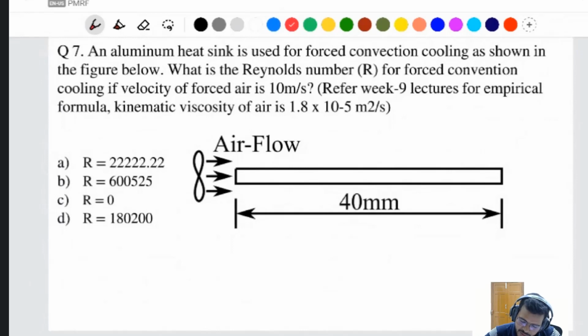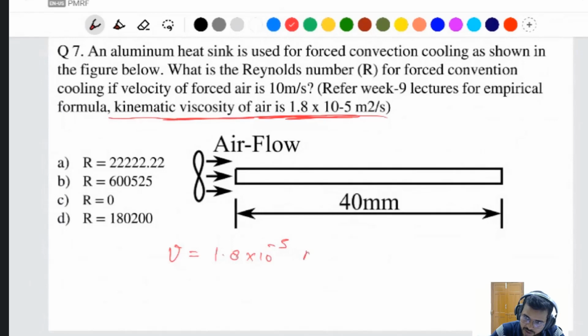What is the Reynolds number for the forced convection cooling if the velocity of forced air is 10 meter per second? And viscosity of the air is also given, 1.8 into 10 to power minus 5 meter square per second. This will be air viscosity.